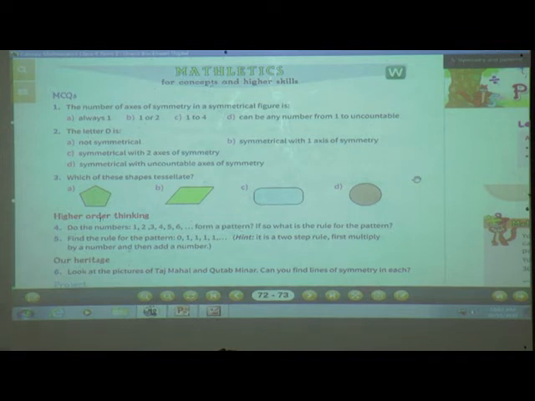The number of axes of symmetry in a symmetrical figure is. Options: always 1, 1 or 2, 1 to 4, can be any number from 1 to uncountable. So your answer is D.